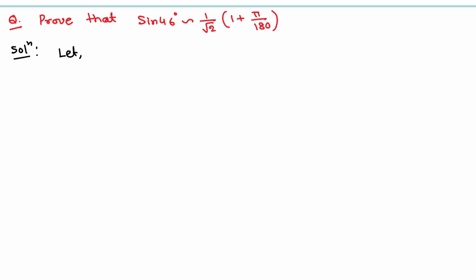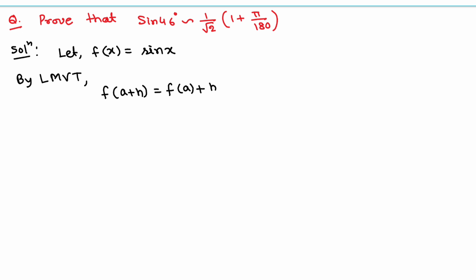So let's take the function f of x equals sin x. By Lagrange MVT, obviously we know that f of a plus h equals f of a plus h f dash of a plus theta h, and 0 is less than theta less than 1.